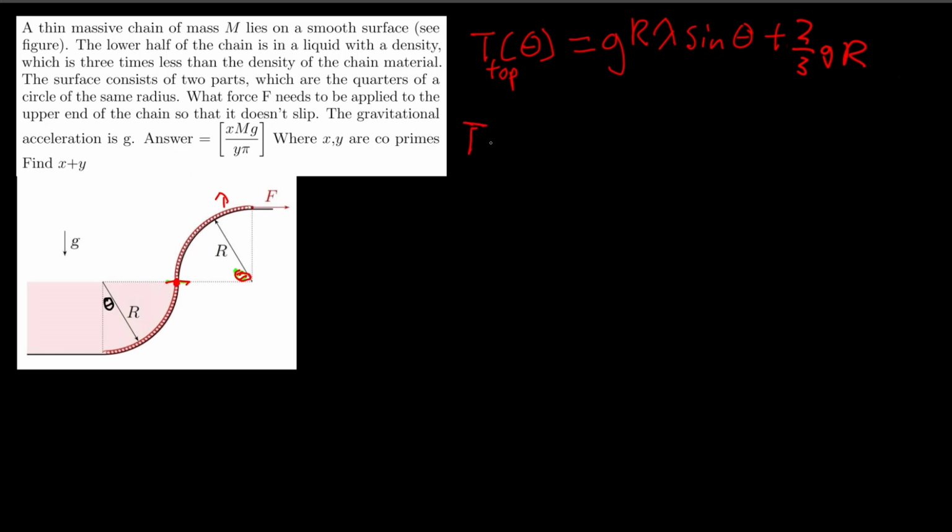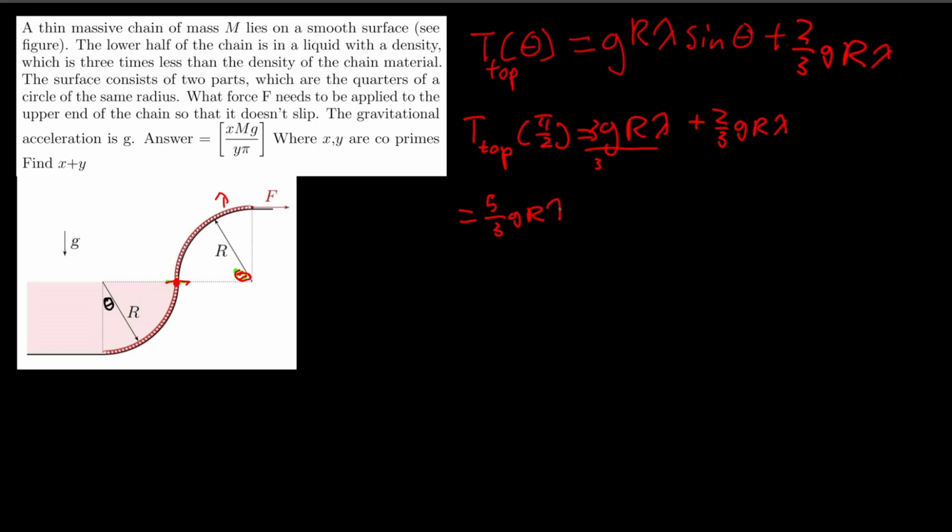Now it is as simple as solving for T top at pi over 2. g R lambda sine of pi over 2 is equal to 1 plus 2/3 g R, I believe we forgot a lambda here, which is equal to 5/3 g R lambda, and lambda is equal to the total mass of chain divided by pi.